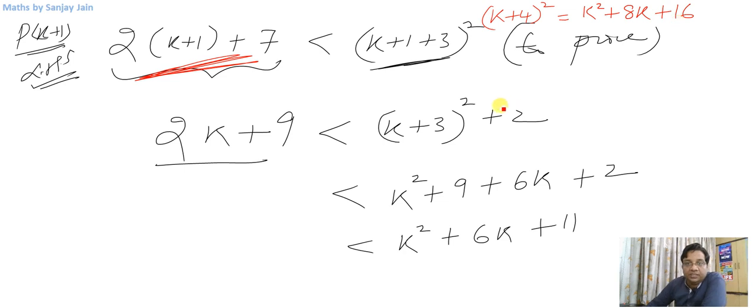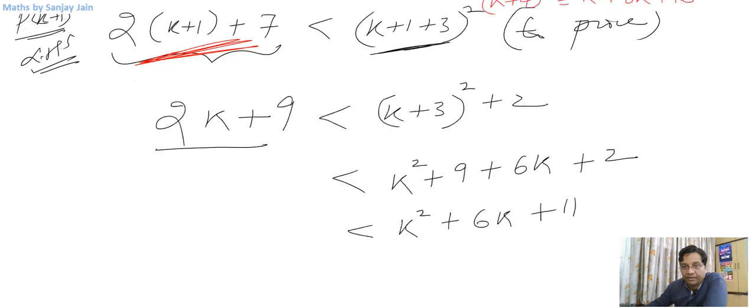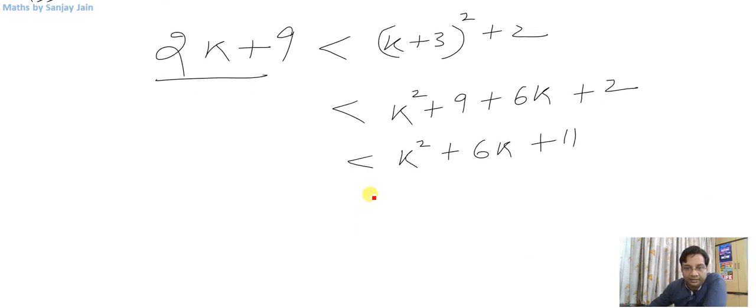Can I use that here? Can I write it as k squared plus 8k plus 16, and then this was 6k, and this is 8k, so I can write minus 2k. This is 11, this is 16, so I'll write minus 5 here.